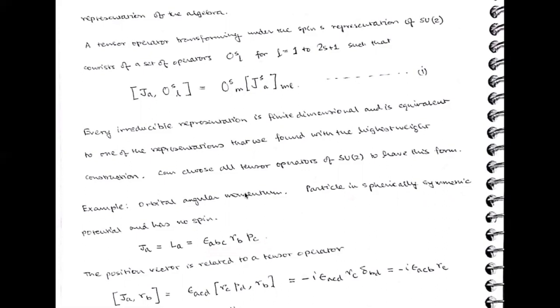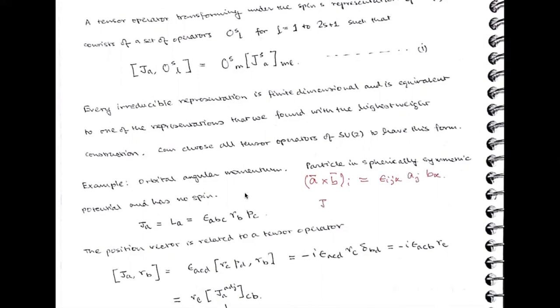So let's try to figure out what this is doing. Let's figure out what J_a with r_b is. If you have two vectors a and b, the ith component of a cross b is epsilon_ijk a_j b_k.